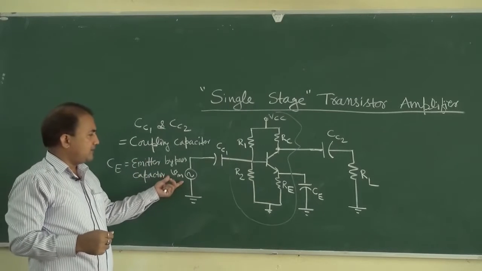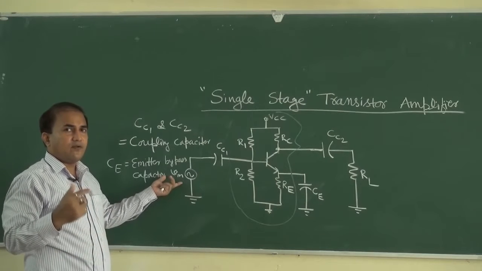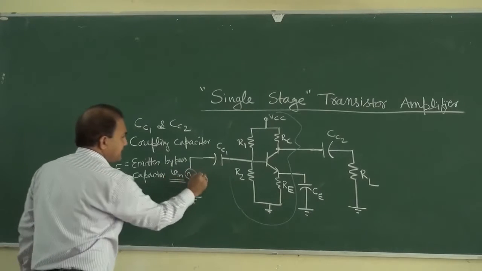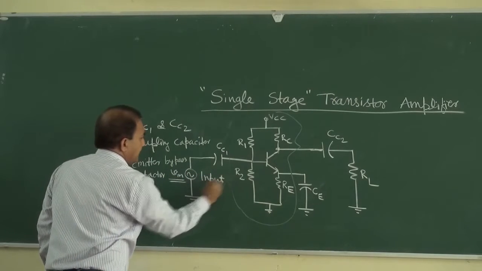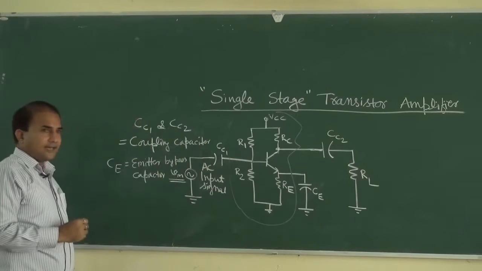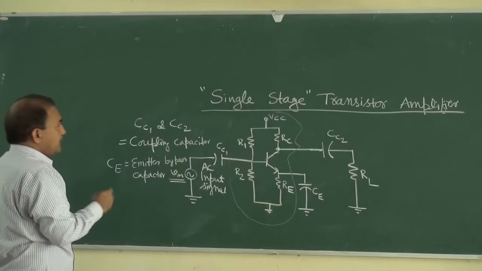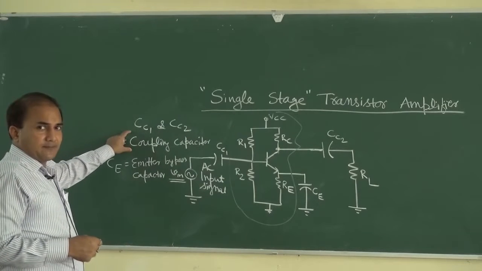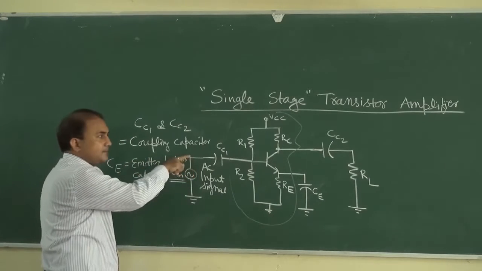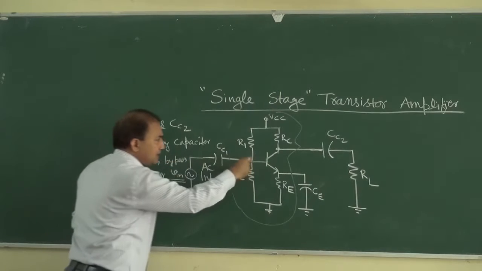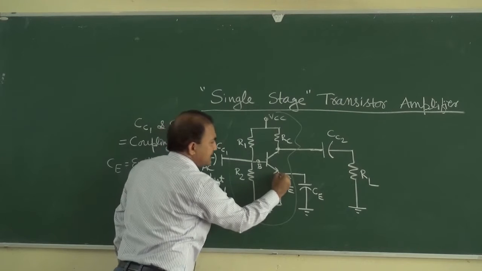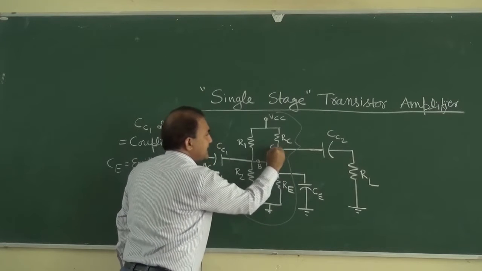This is the AC input voltage that we want to amplify. Now the main function of coupling capacitor is that it couples the AC input signal to the base of this transistor. Suppose this is base, this terminal is emitter and this terminal is collector.